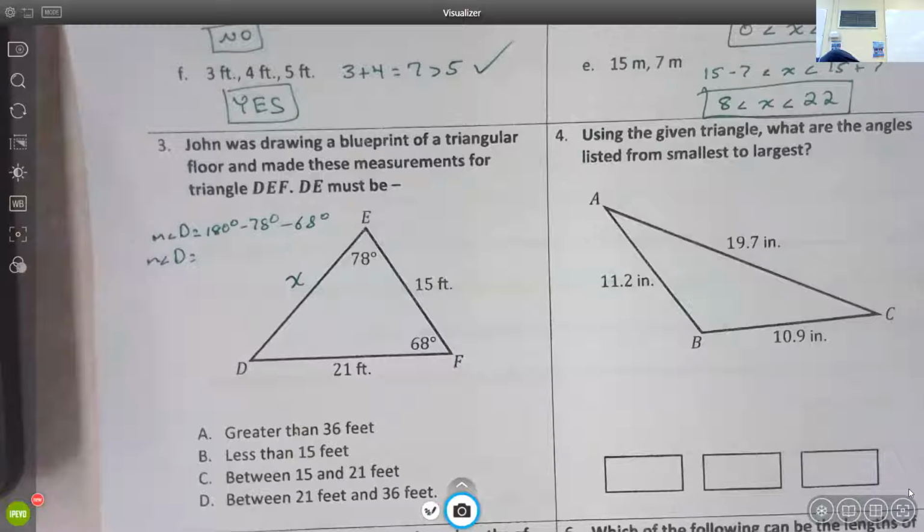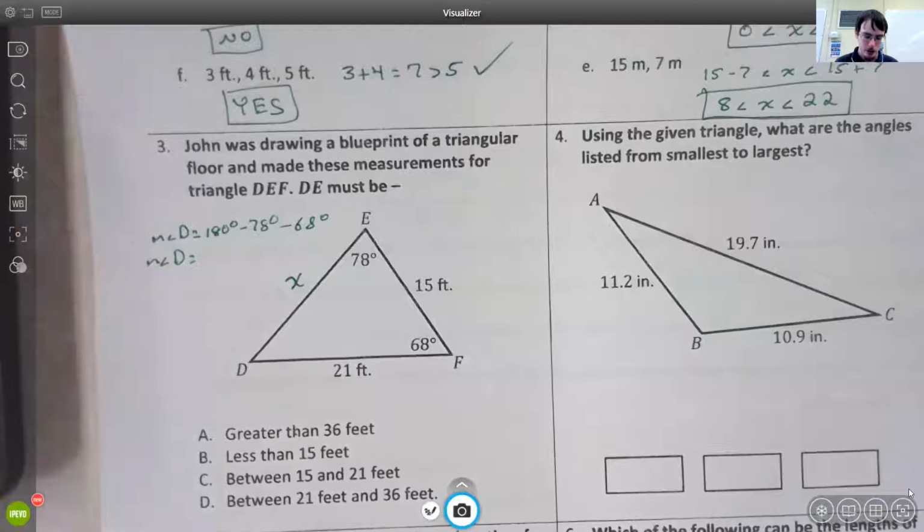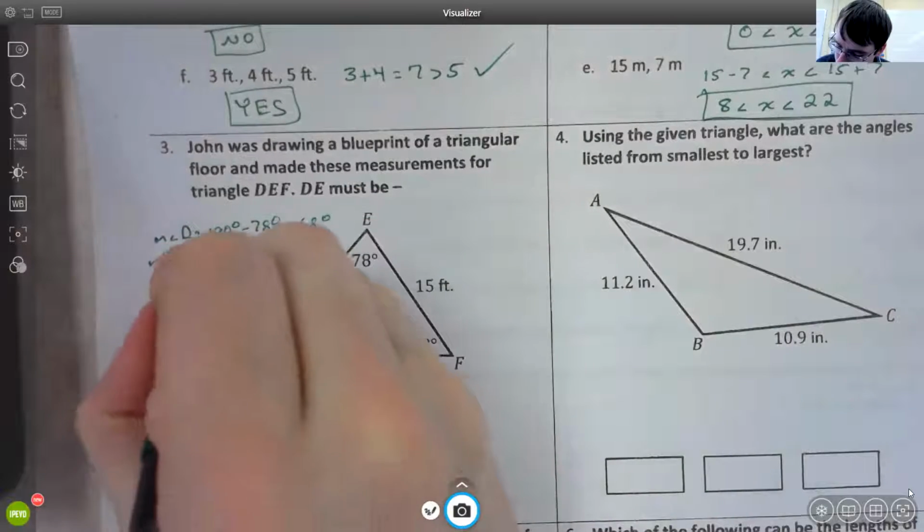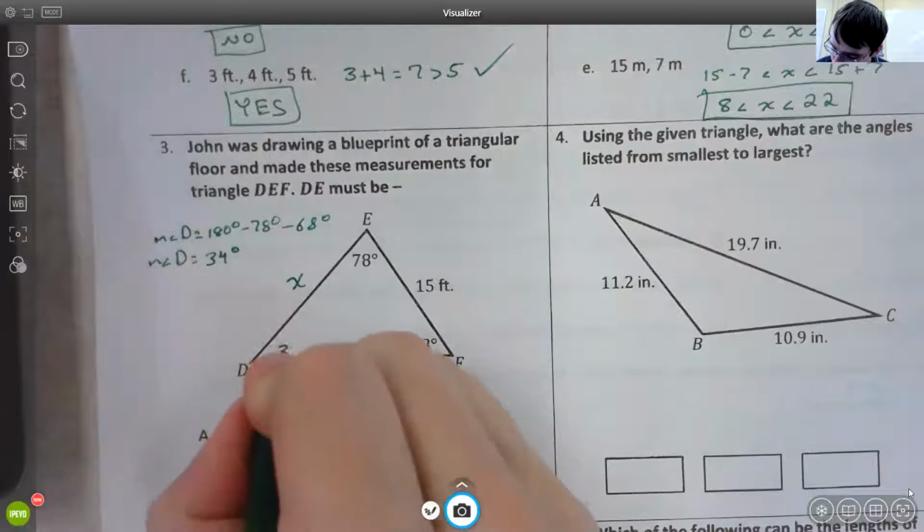The brain is not operating at peak efficiency right now. Should be 34. Let me make sure. Yeah, 34. So the measure of angle D is 34 degrees.